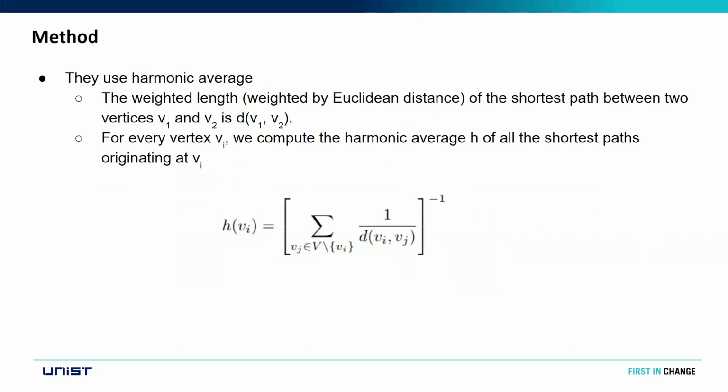Here they use a harmonic average, and they assign HV as a weight to each key point. HV is calculated as 1 over the Euclidean distance between that vertex and any other vertex in that ego graph.